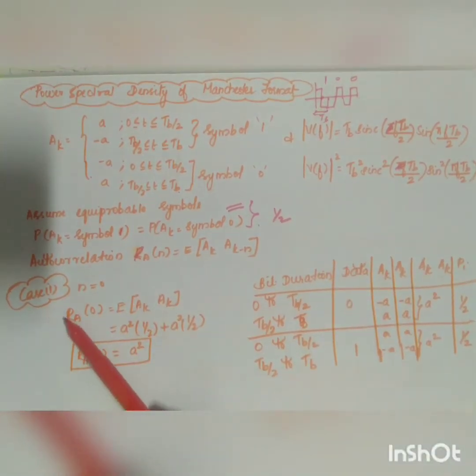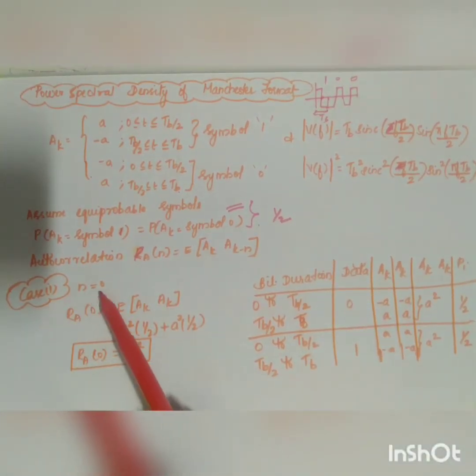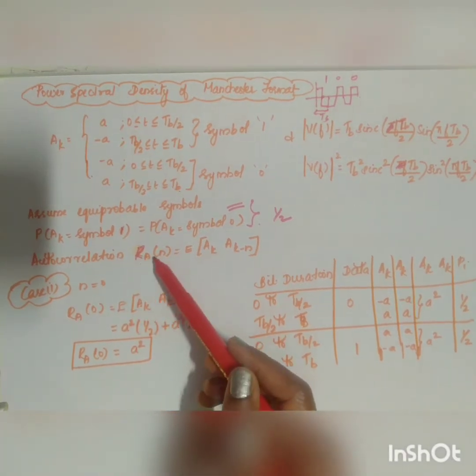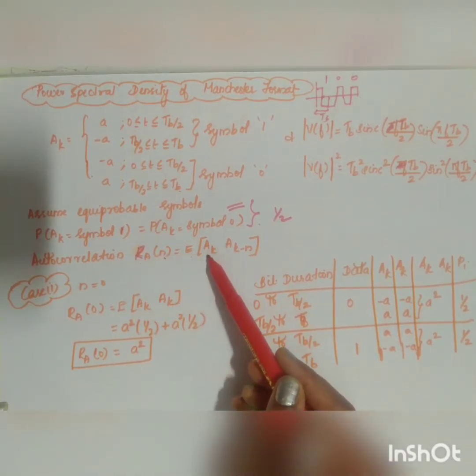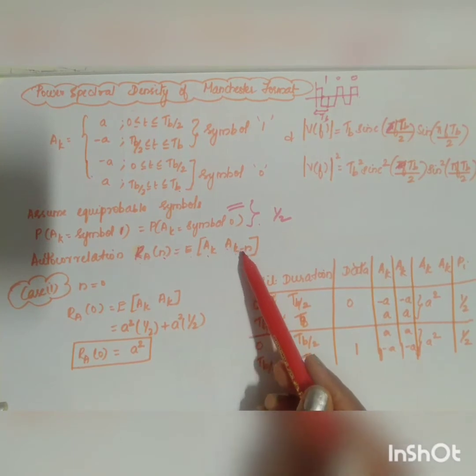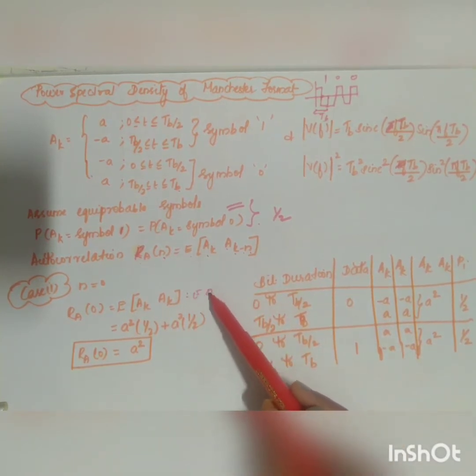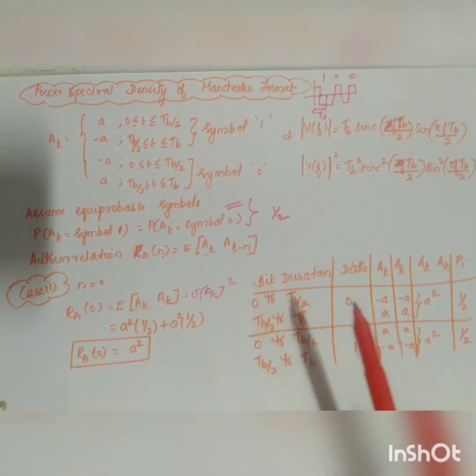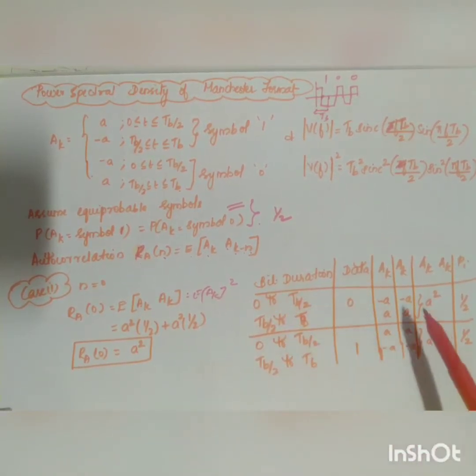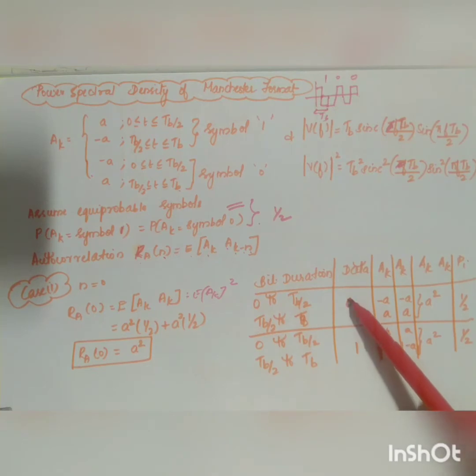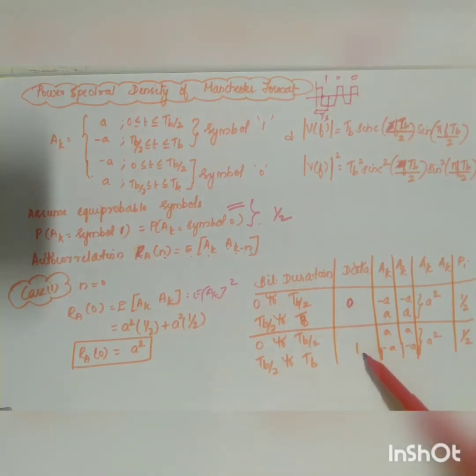Now we are going to take the first case, when n is equal to 0. What will be your value? RA of 0 is equal to the expectation of AK into AK minus 0, that is AK, so you will be getting the expectation of AK square. Now if you take the data for n equal to 0, you have the bits 0 and 1.